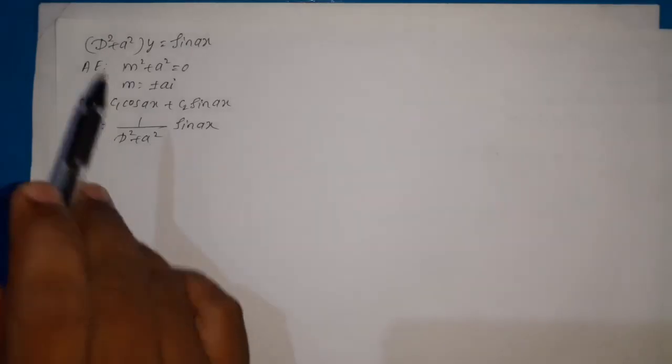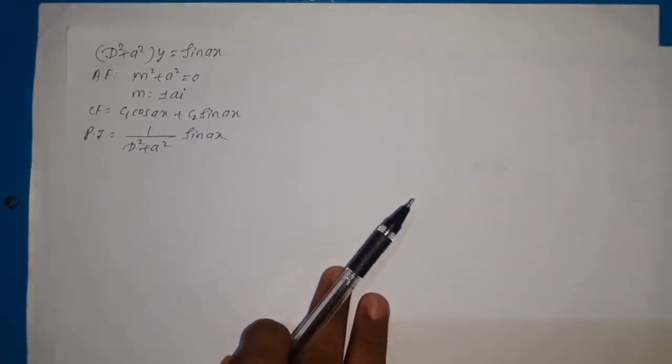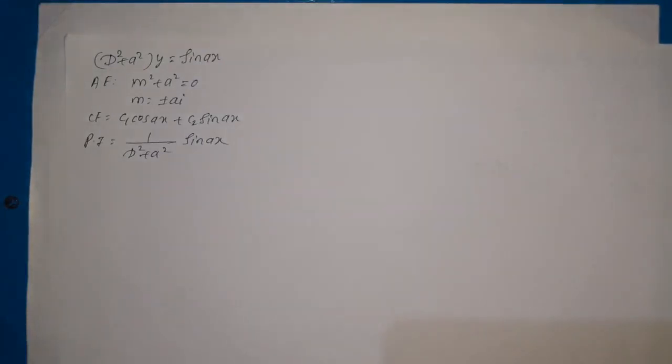Evaluate (D square plus a square) y is equal to sin ax. So here RHS is sin ax, that is the general form, and here the auxiliary equation is m square plus a square equal to 0, m equal to plus or minus ai, and the complementary function of that one is c1 cos ax plus c2 sin ax.